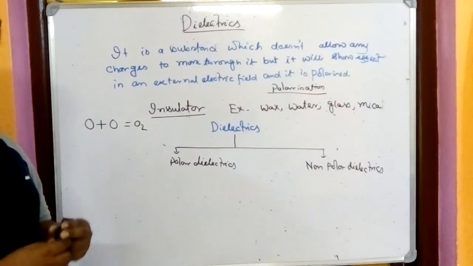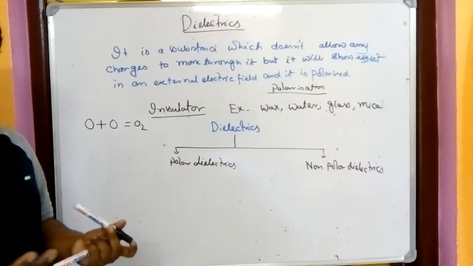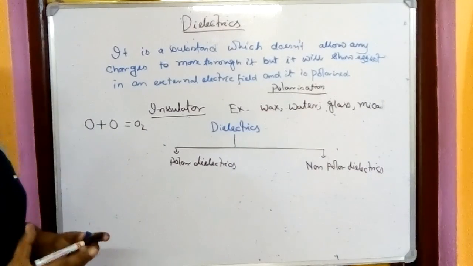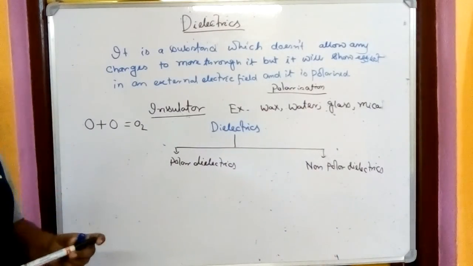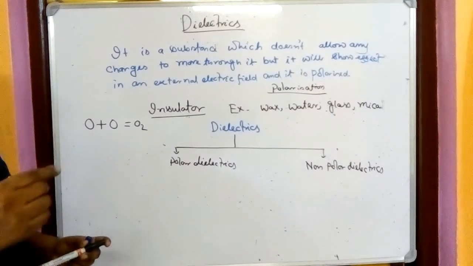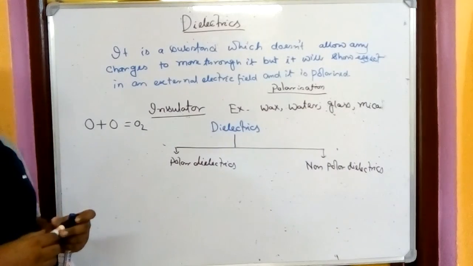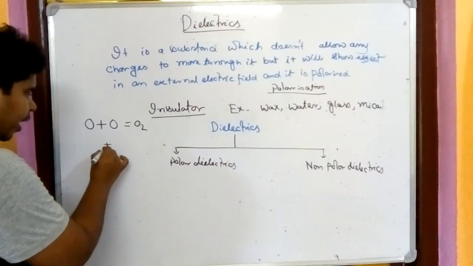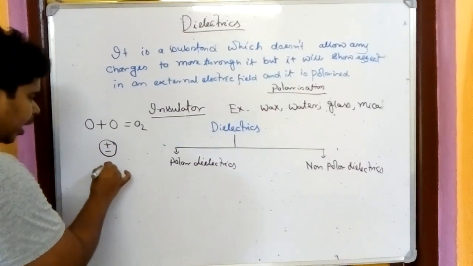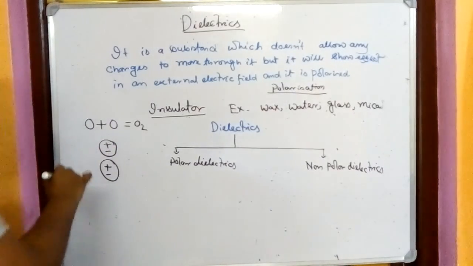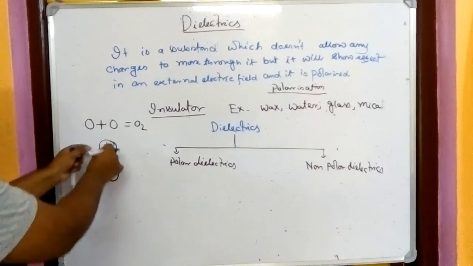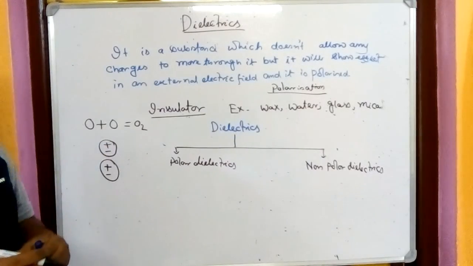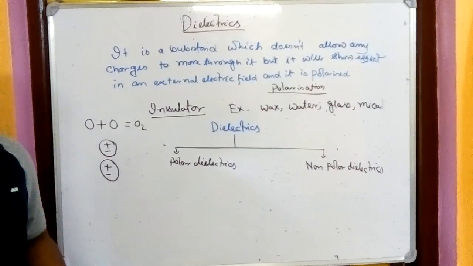When it forms O2, there are positive and negative charges inside, but they are aligned in the same line. So we don't get any pole, as it is formed by two atoms of the same kind.